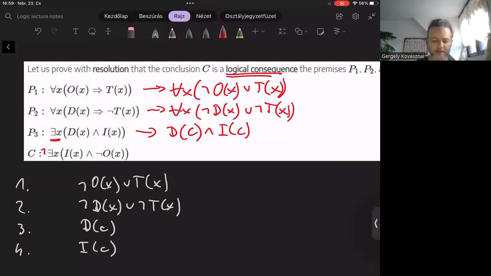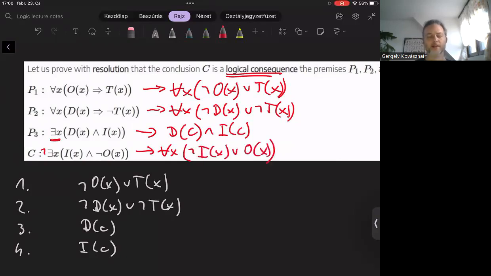How to translate this formula into CNF? We definitely have to apply one of the De Morgan laws, which turns the quantifier into a universal quantifier. And long story short, the result will be for all x, not Ix or Ox.